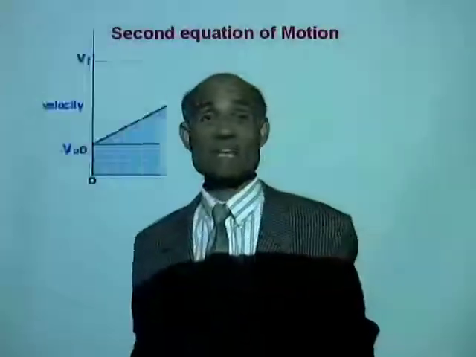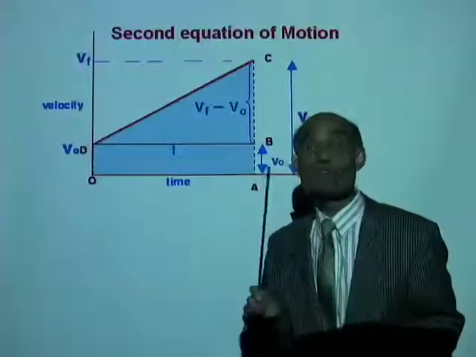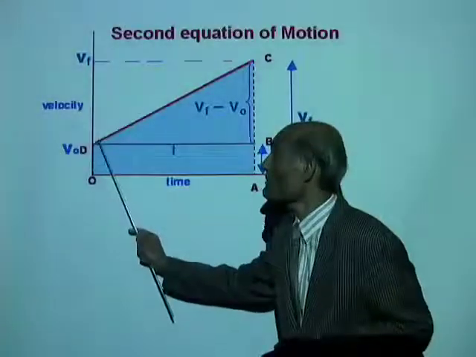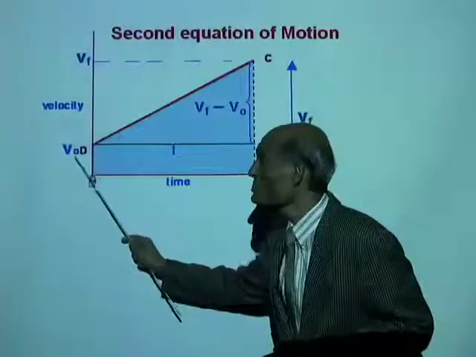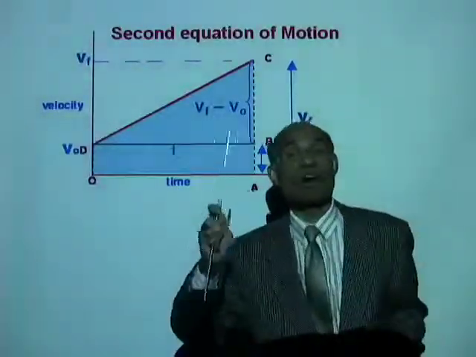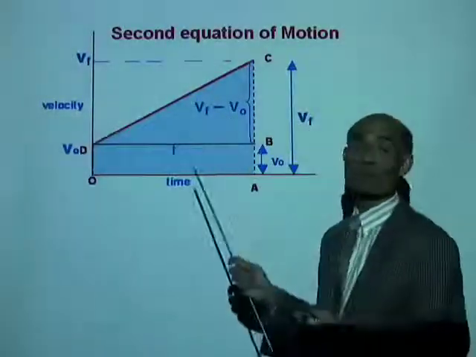Look at the second equation. For the second equation, we are going to use the concept we developed earlier. Suppose you have an object that starts with an initial velocity V0. So I'm going to use a graph of velocity against time to develop the second equation.